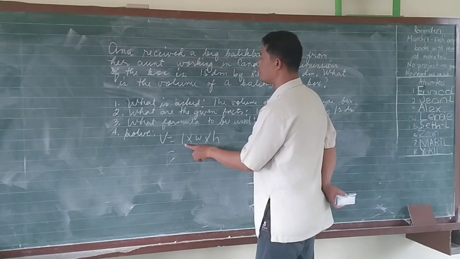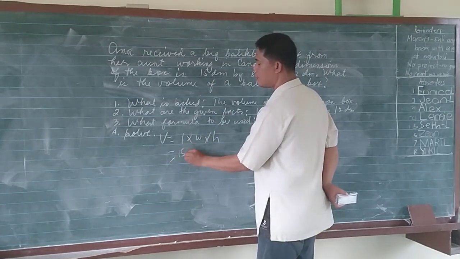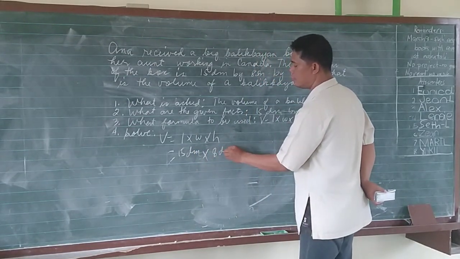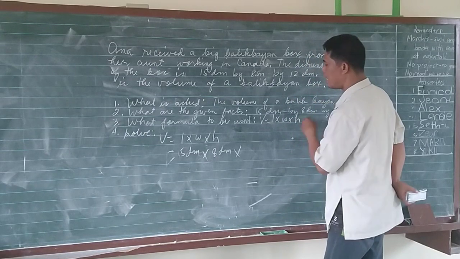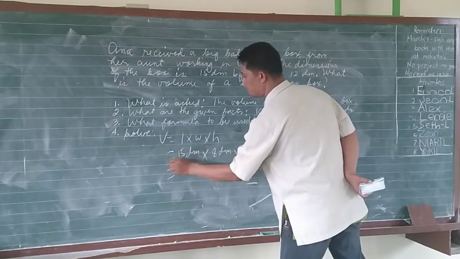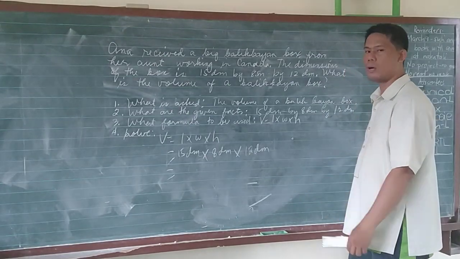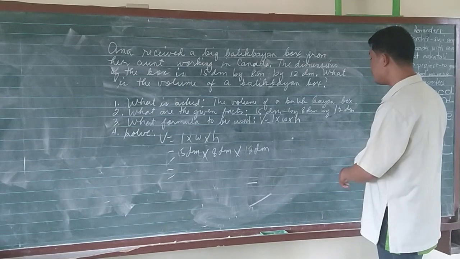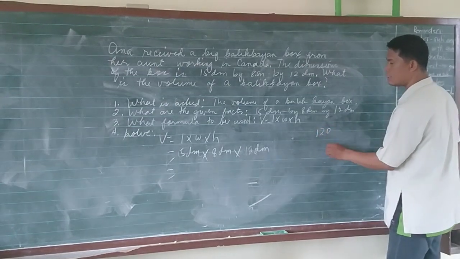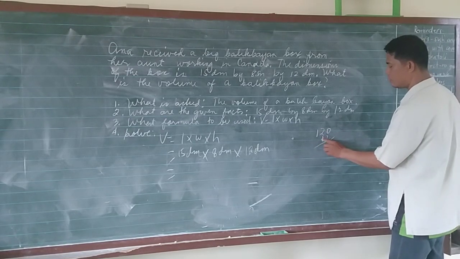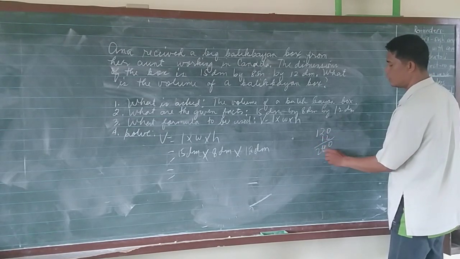So, substitute, your length is 15 decimeter times ang width is 8 decimeter. Then, ang height is 12 decimeter. Then solve. So you have 15 times 8 equals 120. So 120 times 12. So you have 0, 4, 2, 0.